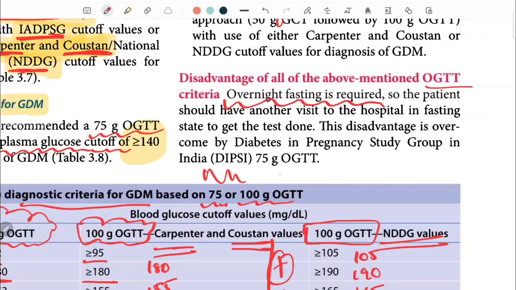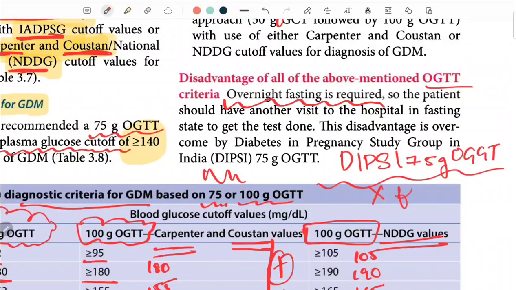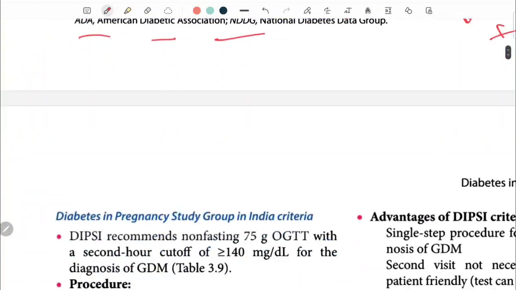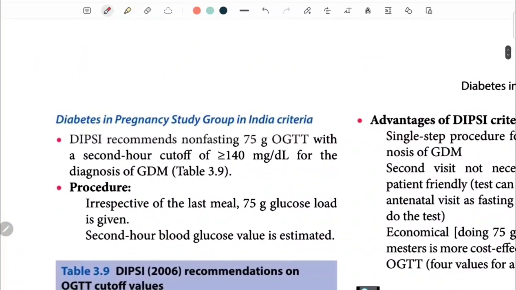So why are we going for DIPSI? Why DIPSI 75 gram? DIPSI 75 gram OGTT: the only difference is no need of fasting. Because fasting is a disadvantage, we are going for DIPSI 75 OGTT. So what is this DIPSI?